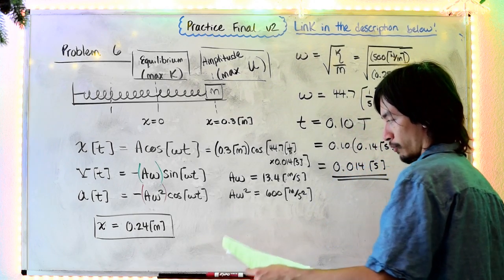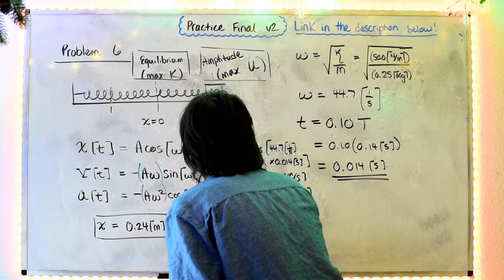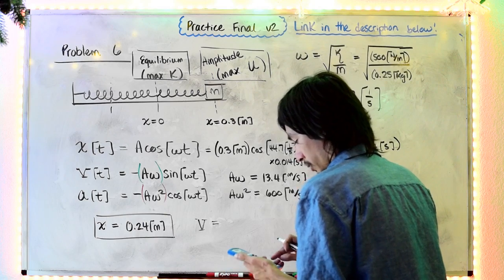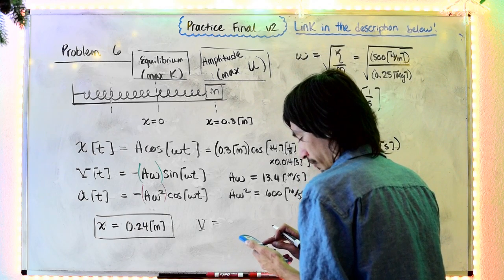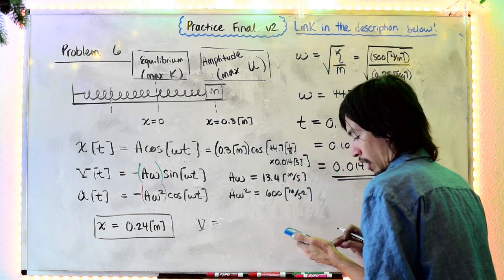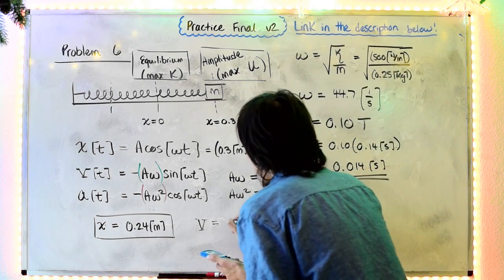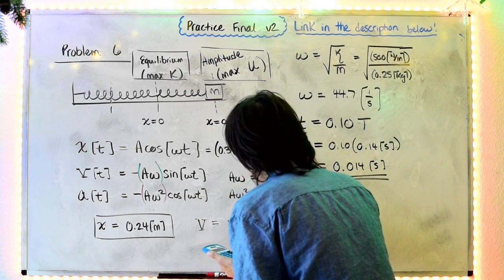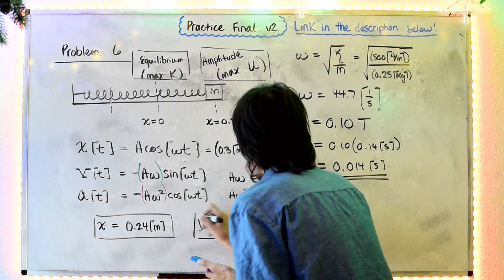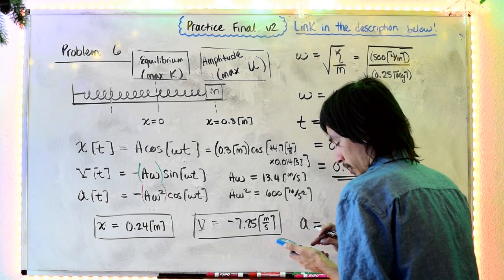Now, repeat this for the other ones, and we're going to get the following values. V equals, so we're going to do the same thing, but it's going to be a sine function, times 13.4, negative 7.85 meters per second, and the acceleration we'll do this one more time.